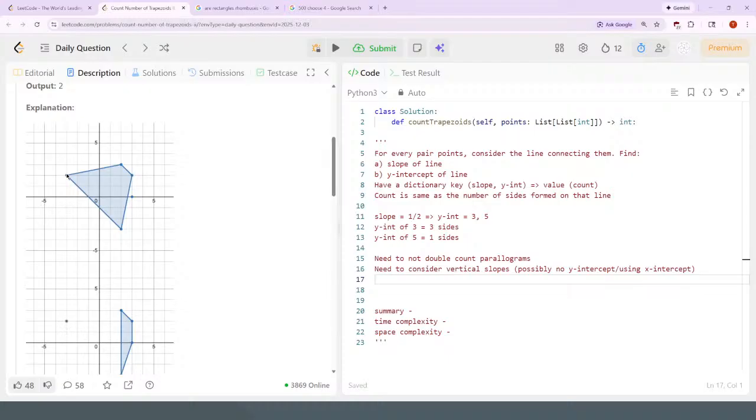So from this point, consider creating a list of other points and the slopes to those other points. That makes sense.